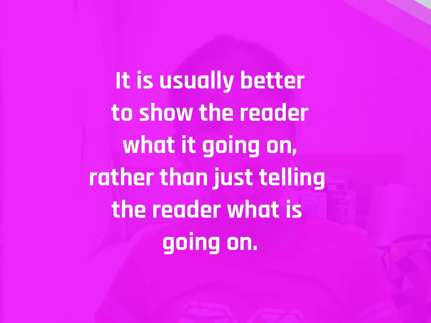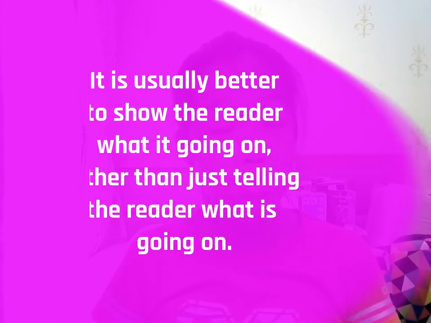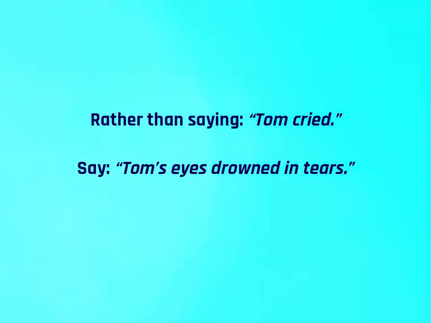In writing, it is more convincing and entertaining to show the reader what's going on, not just saying it straight. So here is an example. Rather than saying, "Tom cried," say, "Tom's eyes drowned in tears."